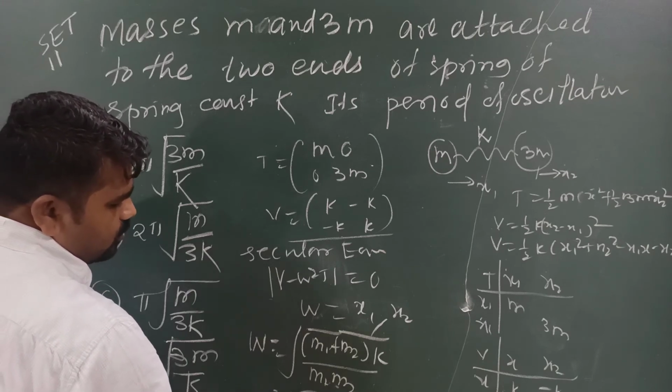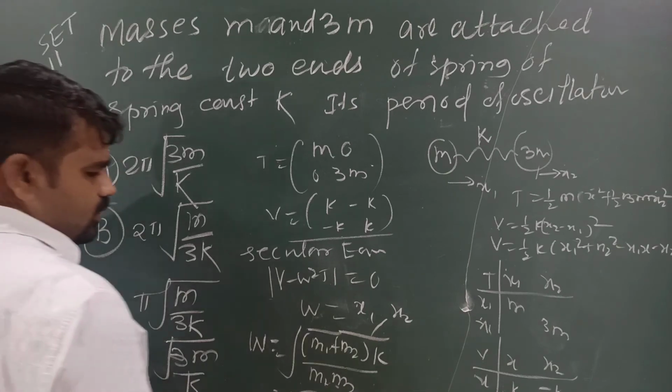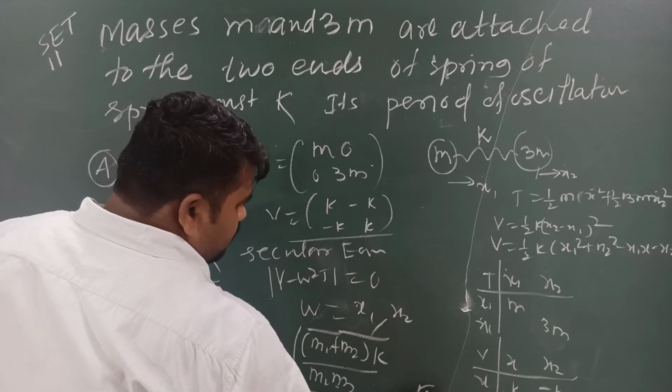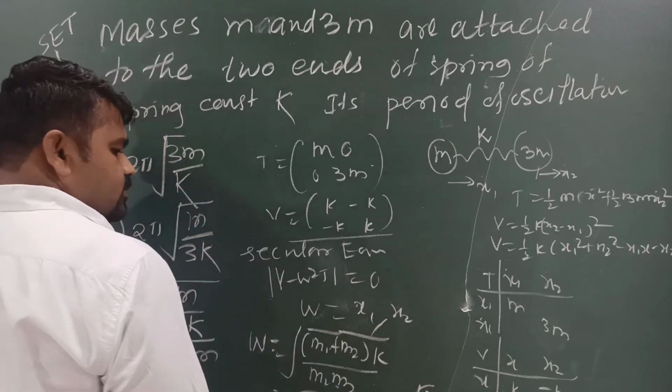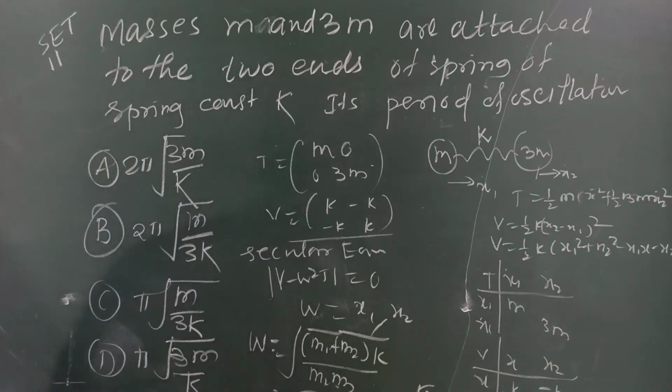M square, 3M square. One M gets cancelled. Means omega is equal to 4K upon 3M. And T is equal to how much? T is equal to 2 pi by omega.